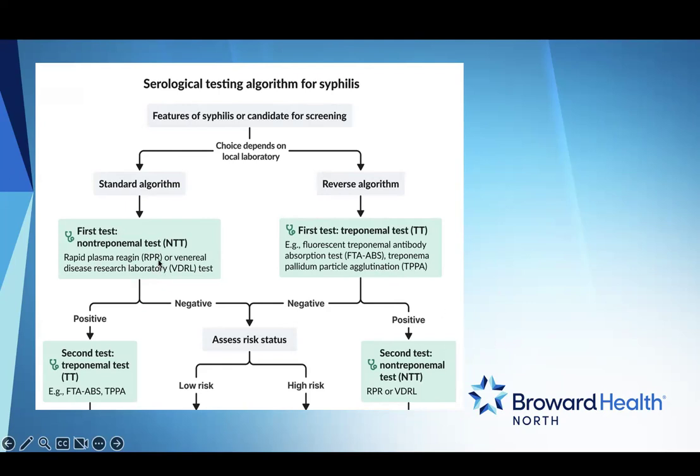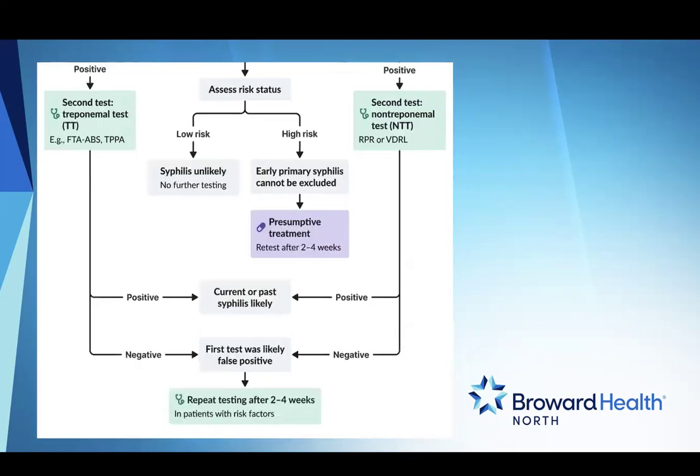So we do the non-treponemal test, which is the RPR or the VDRL. If that comes back positive, then we have to do a second test, which is the treponemal. So you have to follow the non-treponemal with the treponemal, okay? And if that's positive, then the patient likely has current syphilis or likely had it in the past, depending on the presentation.